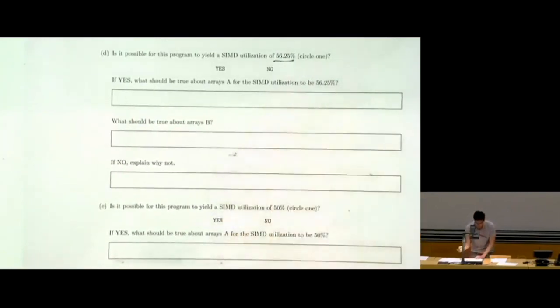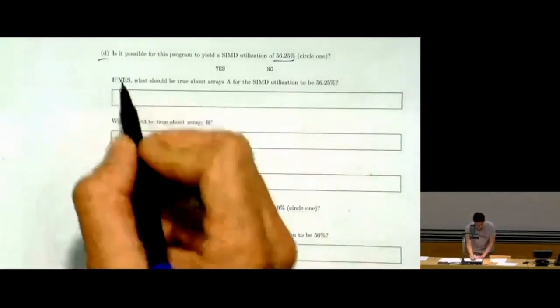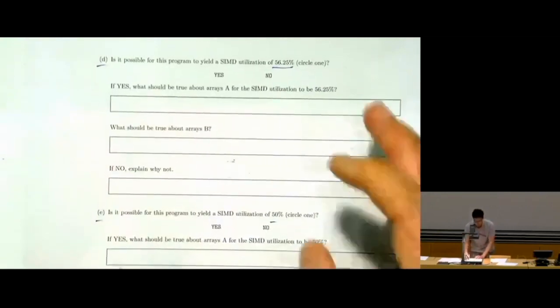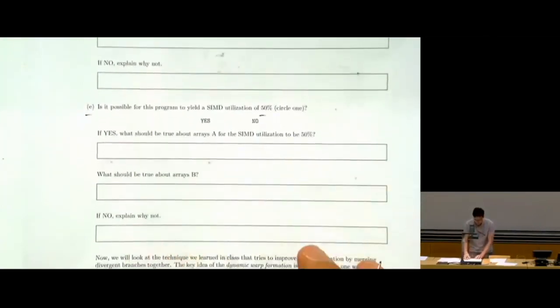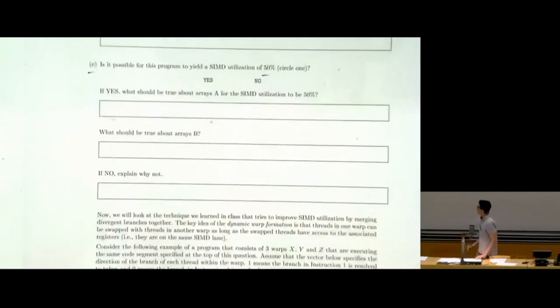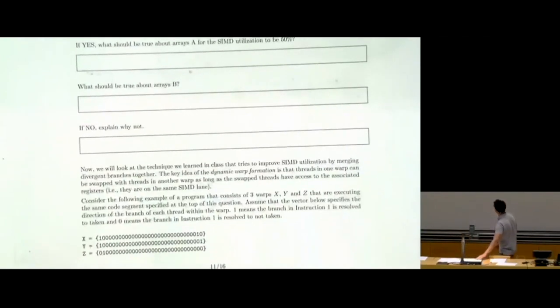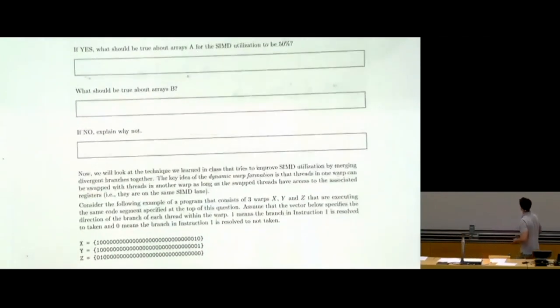Here there is a question, parts D and E are very similar questions, but the SIMD utilization percentage is different. You can reason in a similar way. And the very last part is actually quite easy. This is what we explained in the first GPU lecture about dynamic warp formation.